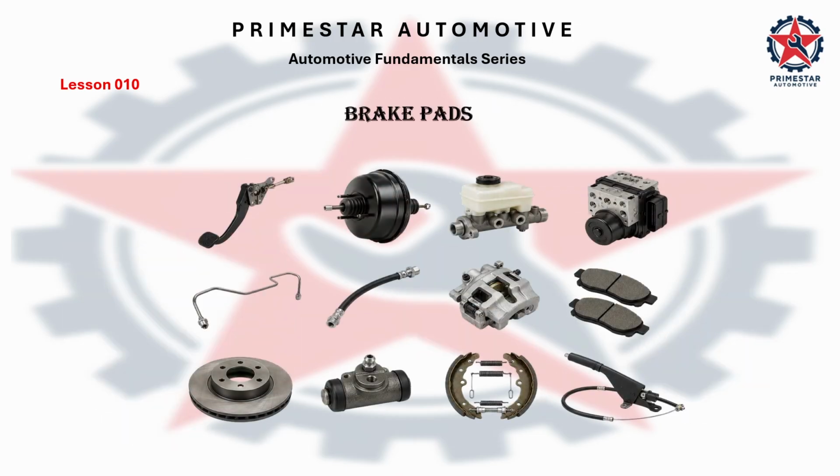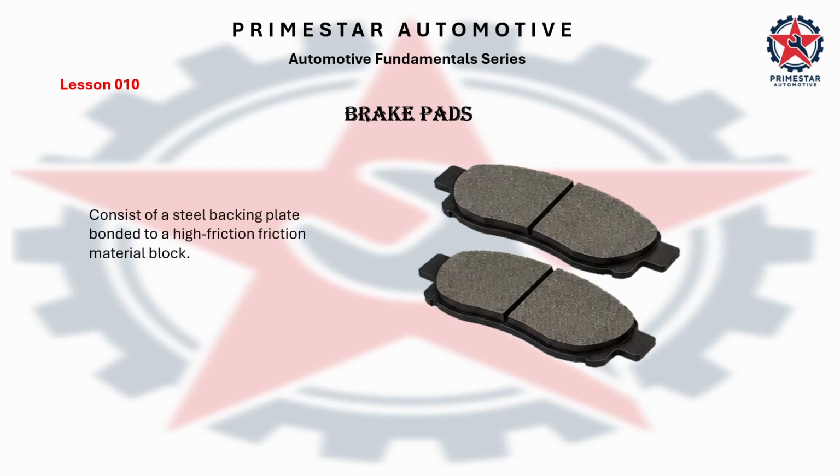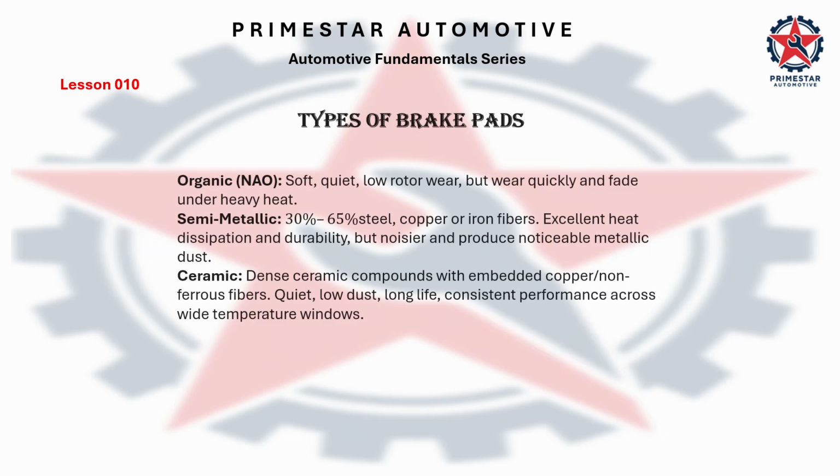Brake pads. Consist of a steel backing plate bonded to a high friction material block. Types of brake pads: organic, soft, low rotor wear, but wear quickly and fade under heavy heat.